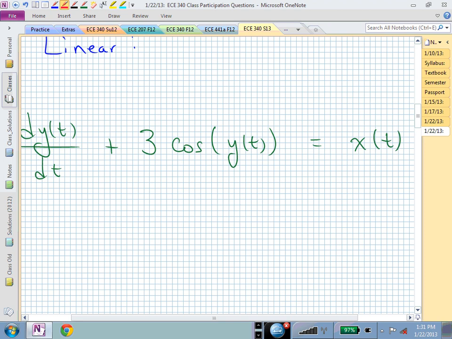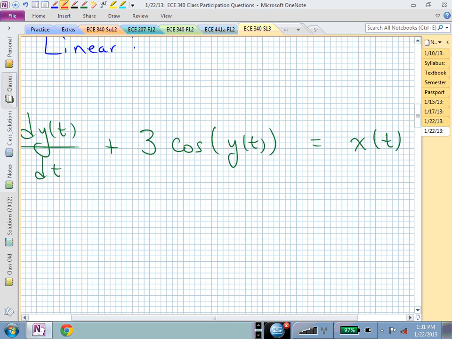You could then say this is behaving like dy dt plus 3y equal x when y is between plus and minus 30 degrees. And now you have a way of working with that differential equation. You've now approximated that nonlinear system.